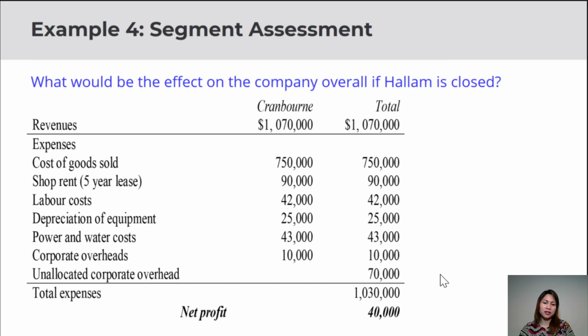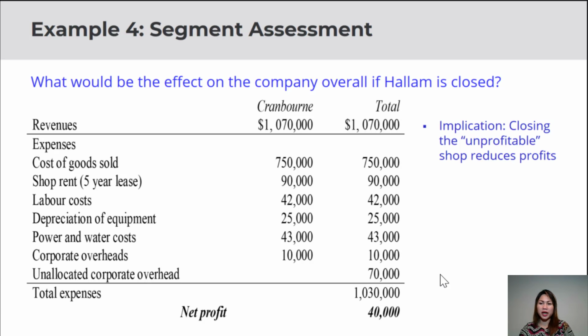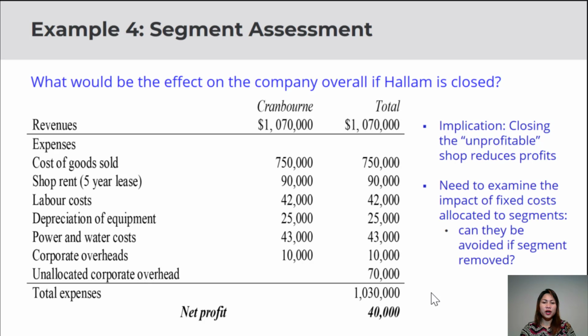Now, implication. If we close Hallam, which is the unprofitable shop, it reduces the profit of the company as a whole. This is based on the quantitative analysis. However, now you need to examine whether the fixed costs allocated to a segment can be avoided if the segment is removed.